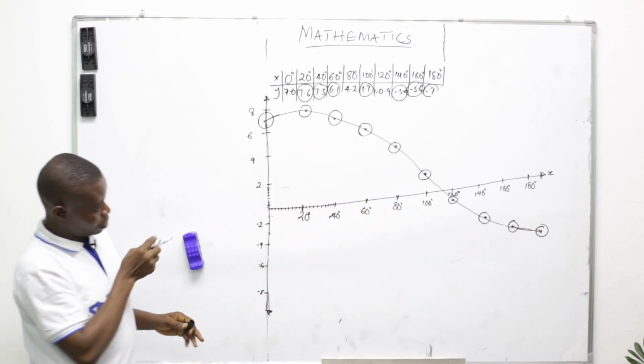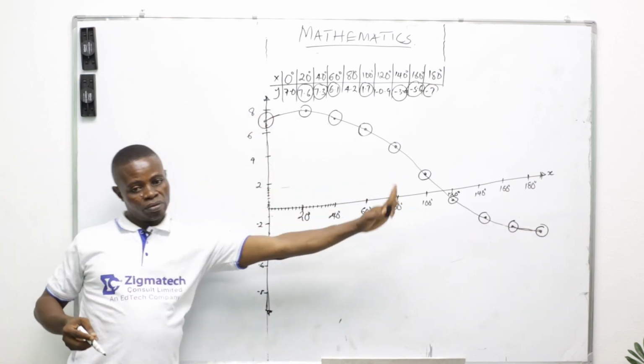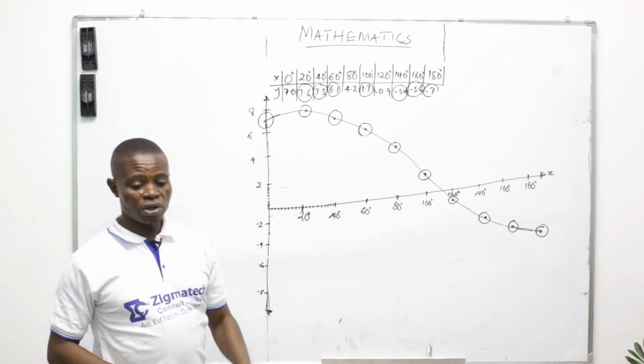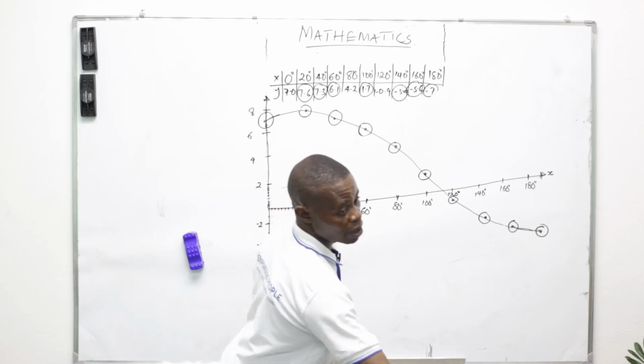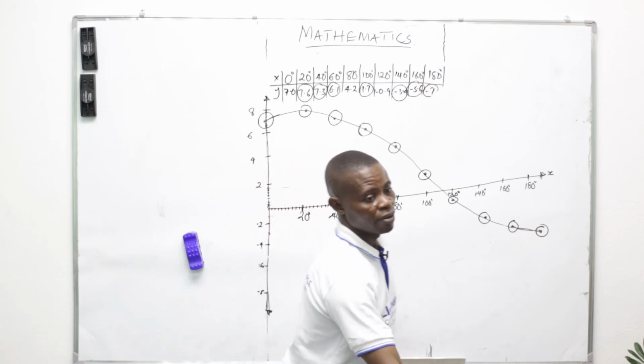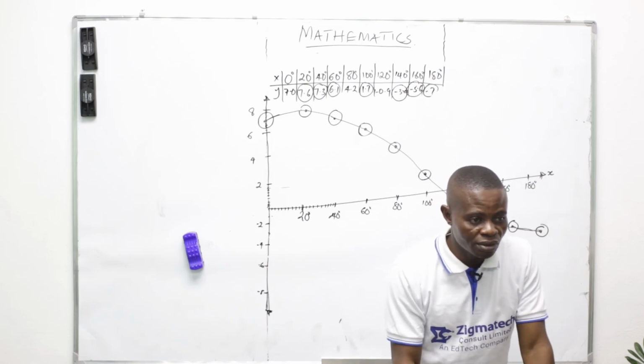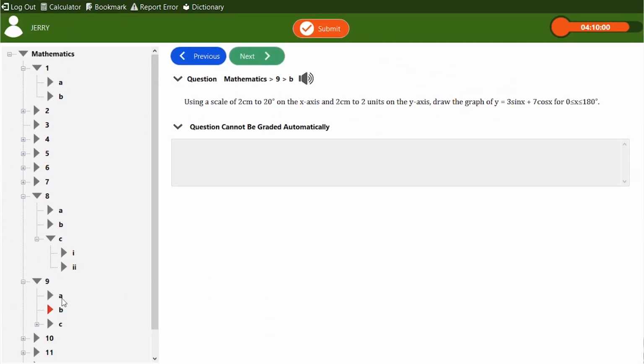Can you see it? You see the way the graph is going? So you are done plotting. The next thing here is to check the next question. We are done plotting of graph.